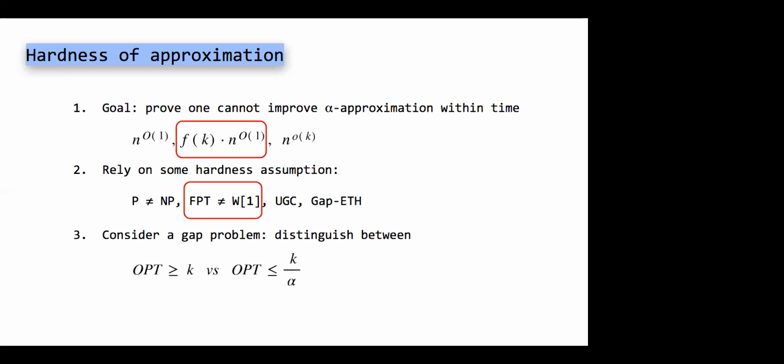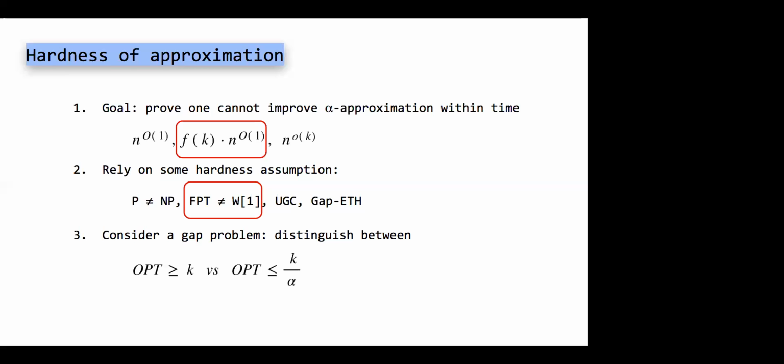So we consider a problem with such a promise that we are given either instances with opt at least k, or opt at most k divided by alpha. And we are promised that the input belongs to either of these types.